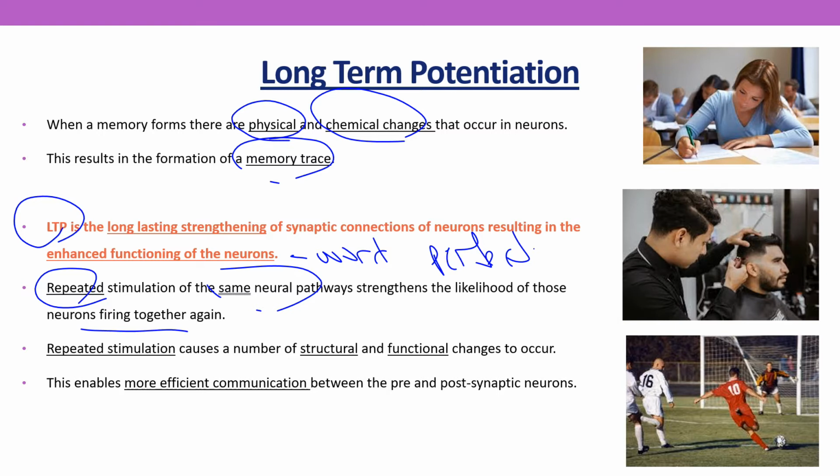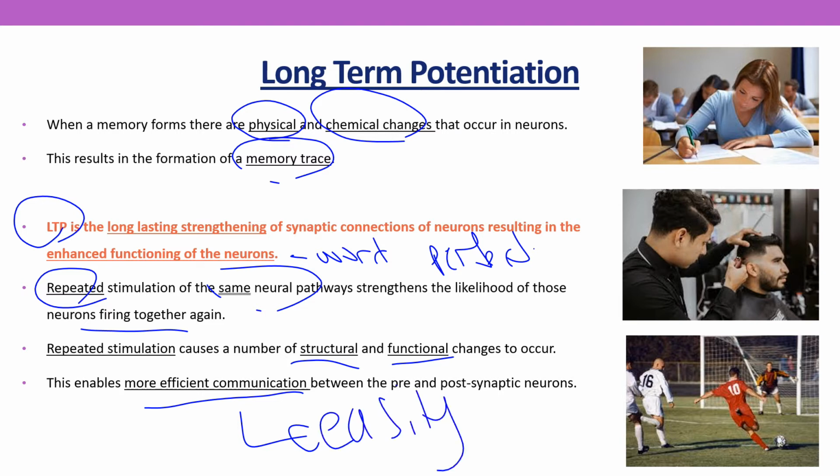Essentially what we're saying is that when you practice a skill, it will stimulate the same neural pathway. What that leads to is structural and functional changes. And then when you do it enough and these structural and functional changes occur, it means that there is more efficient communication between the pre and postsynaptic neurons. What that looks like in practice is that you engage in the skill more easily, okay?